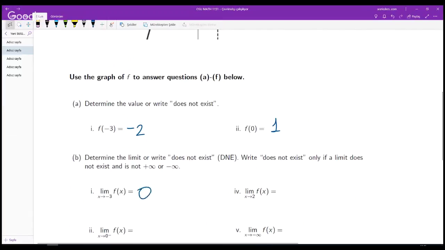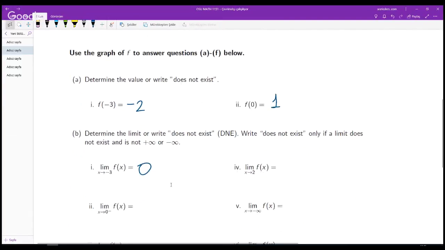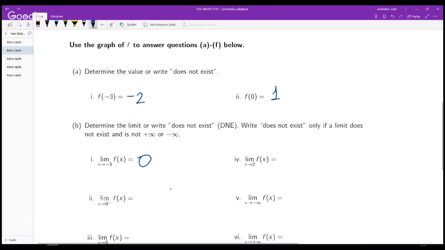The second question is the limit of f(x) as x approaches 0, but I see a minus sign here, which means a left-handed limit. X approaches 0, but I will focus on the left-hand side.